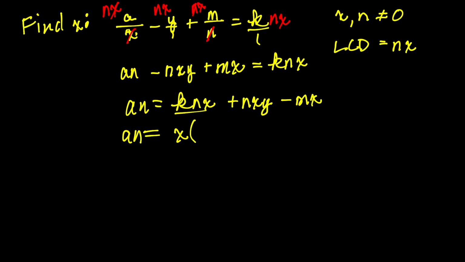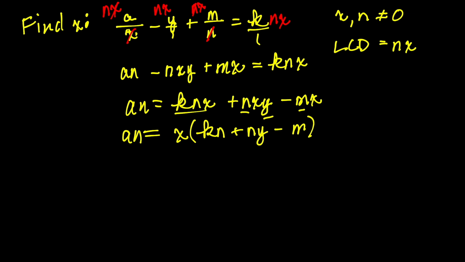So I have kn left, n and y left, minus m. Only the m is left because I factored the x out. Now we're home free because all we got to do is divide both sides by kn plus ny minus m. And we have our answer for x.